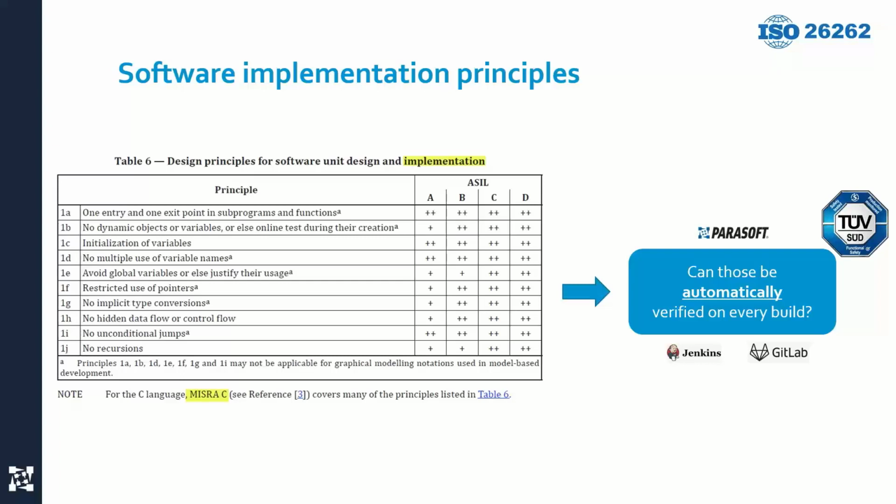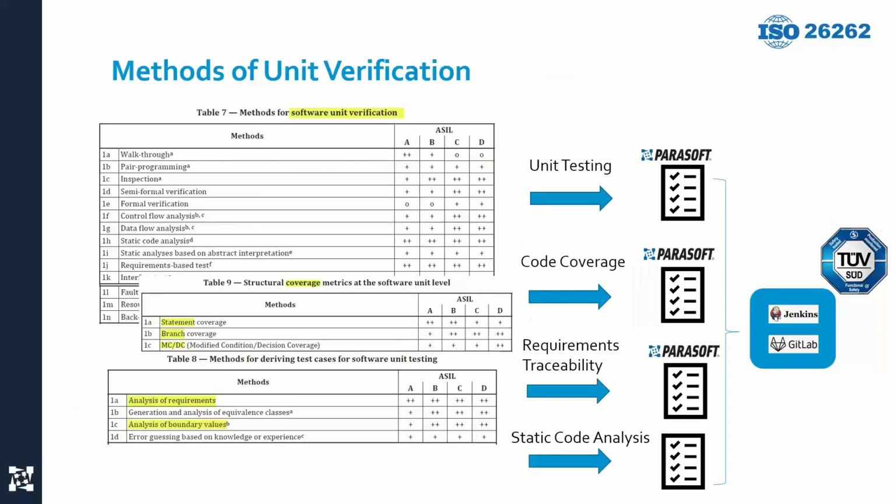All of those techniques can be automated. All of those problems can be automatically detected with the use of static analysis, and that's where Parasoft comes in. In the context of the demo, we'll demonstrate how those techniques can be automatically executed in the context of a GitLab pipeline.